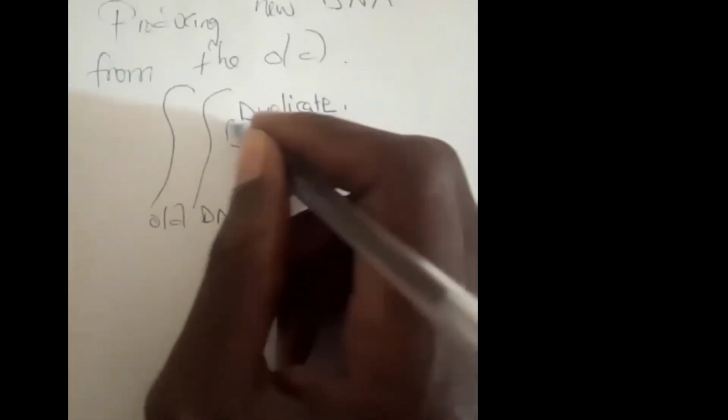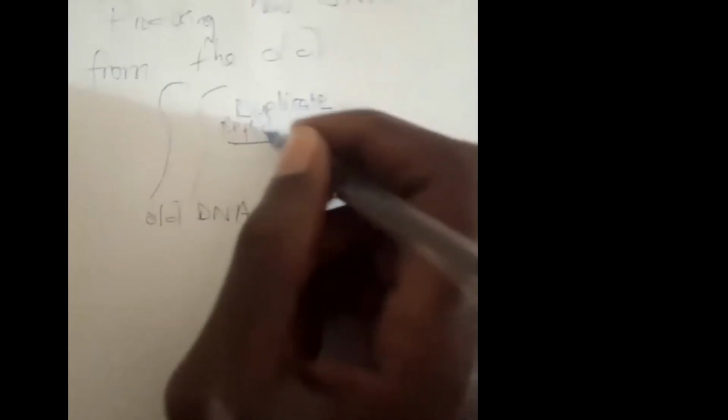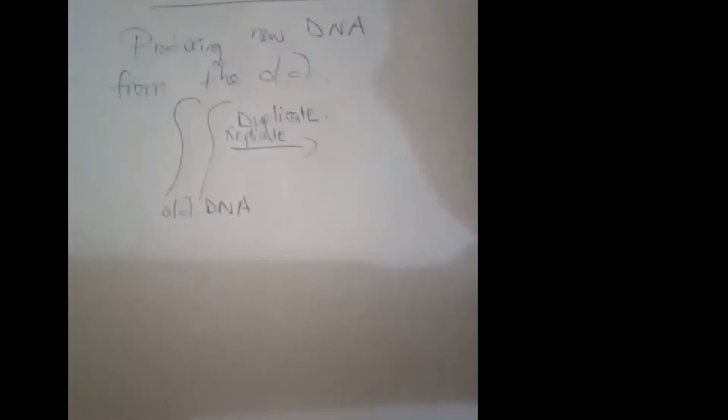Now remember that DNA has how many strands? It has 2 strands, okay? Say this is our old DNA, and then we duplicate. To duplicate is to make another copy, to replicate. It's the same term. So DNA duplication or DNA replication is the same thing. It simply means make another copy, okay?